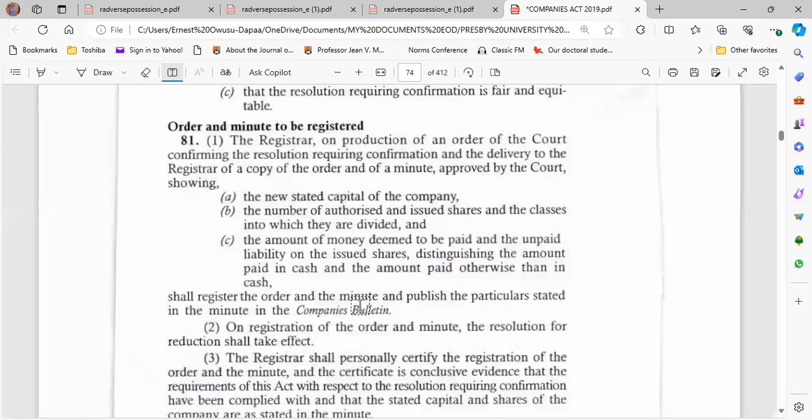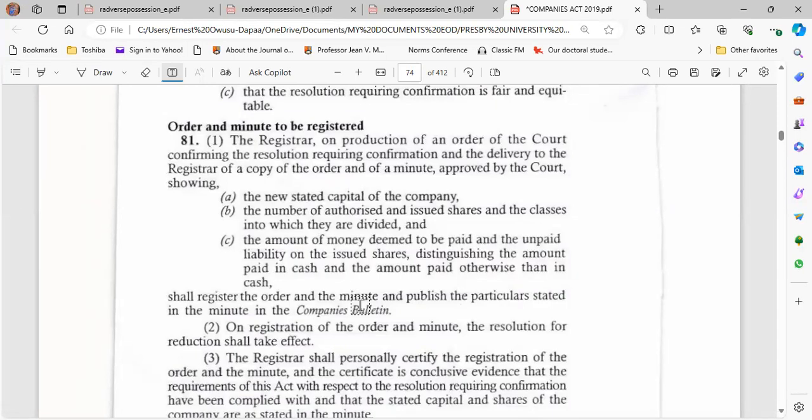Of course, this is also a new addition. It wasn't part of the repealed Act 179. That would probably have made a reference to the Gazette, but now you have a special bulletin for communicating matters which relate to governance of the company.